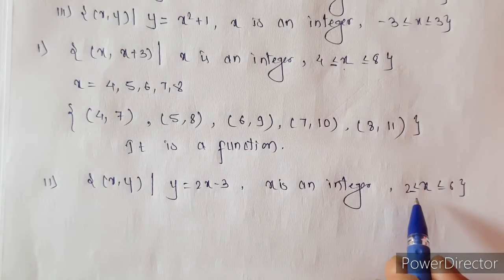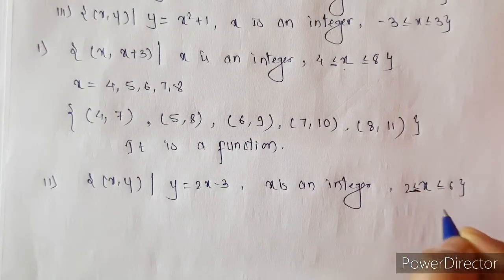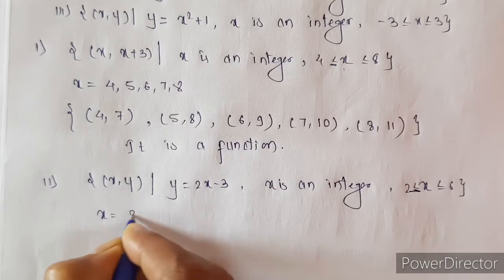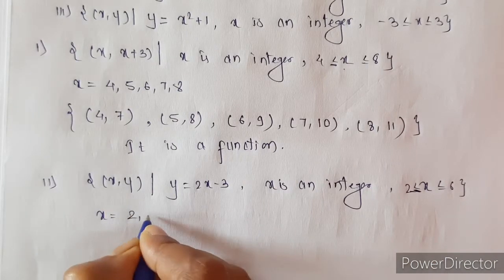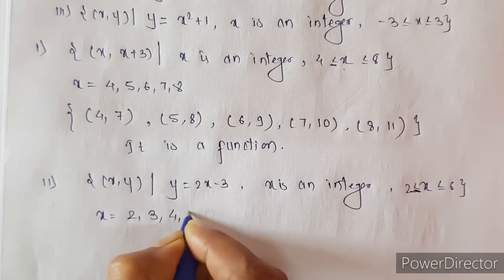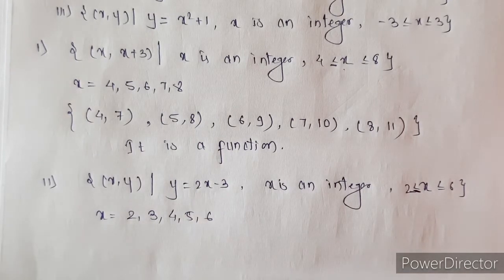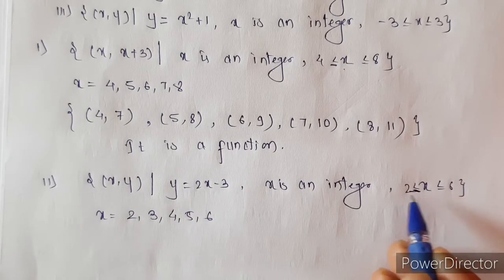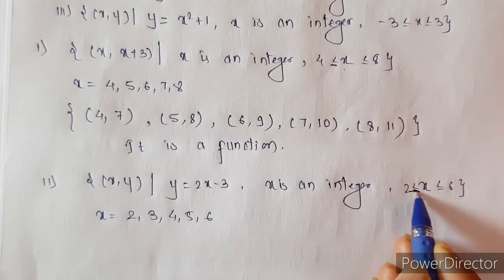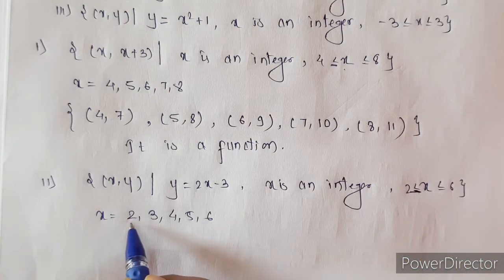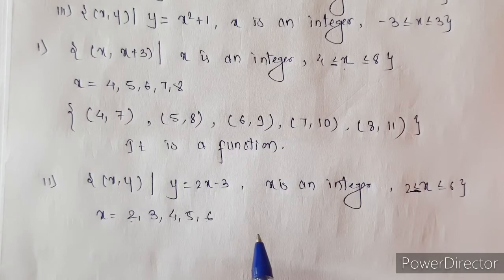The values of x are 2, 3, 4, 5 and 6. Since it is greater than or equal to 2 and less than or equal to 6, we have to include 2 as well as 6.